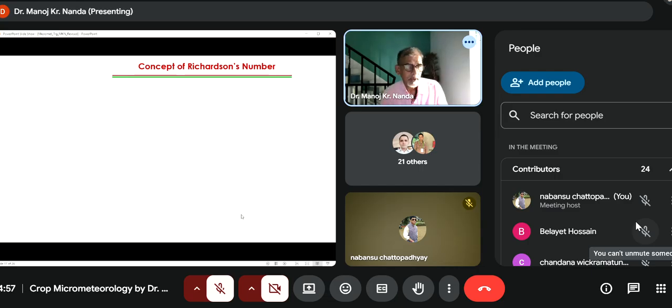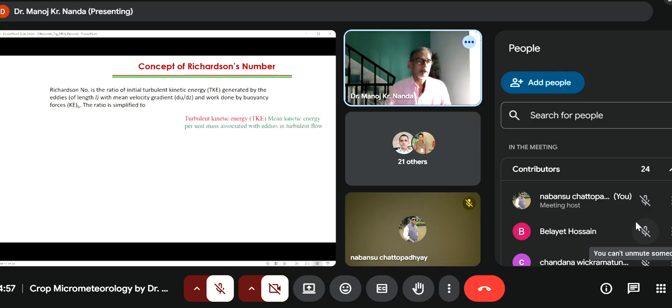To understand this stability factor, we need to understand the Richardson number. So, what is the Richardson number? It is just a ratio of the buoyancy kinetic energy and the turbulent kinetic energy. So buoyancy force and turbulence force, this ratio defines the Richardson number.